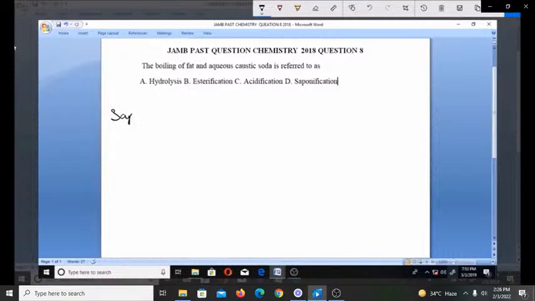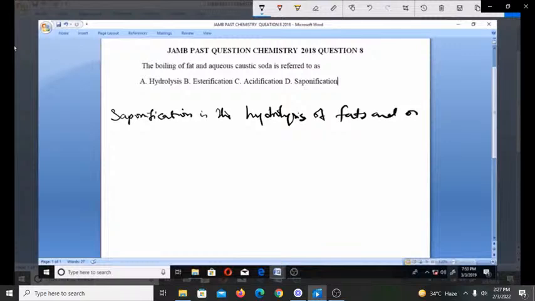So I'm gonna state the definition of saponification. Saponification, very, very importantly, is the hydrolysis of fats and oils with caustic alkali. You can see this topic in organic chemistry 2. You can see that in the definition given up there, making saponification the right answer.